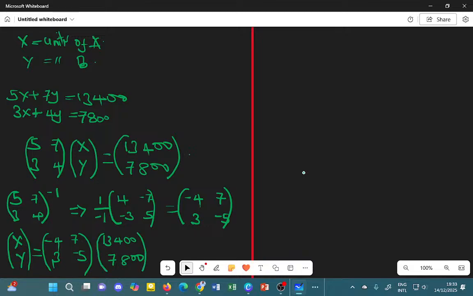So we are multiplying these two matrices, where one is a 2 by 2 matrix and this one is a 2 by 1 column vector.